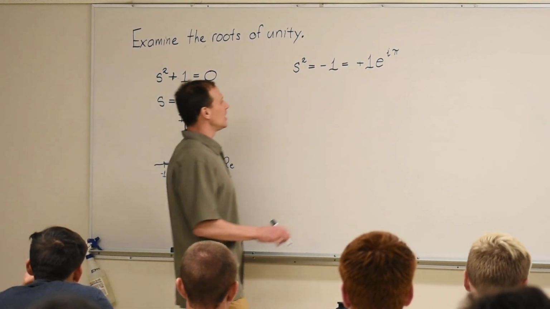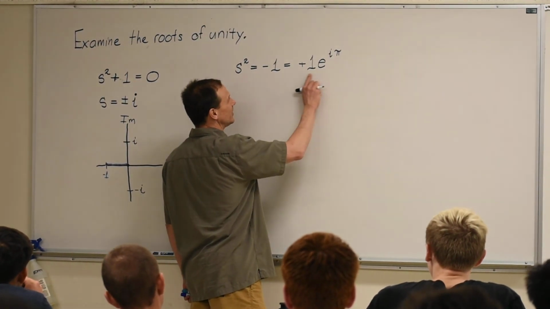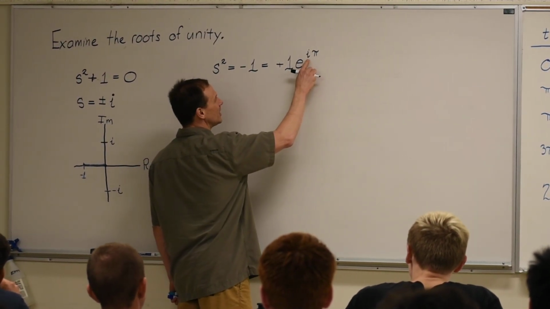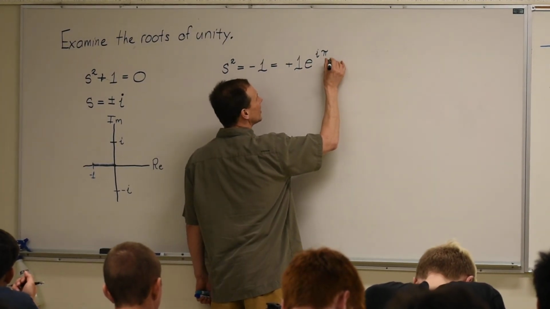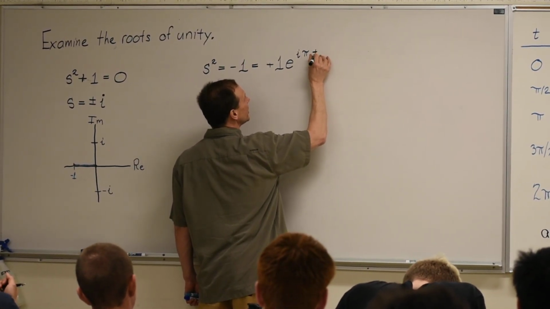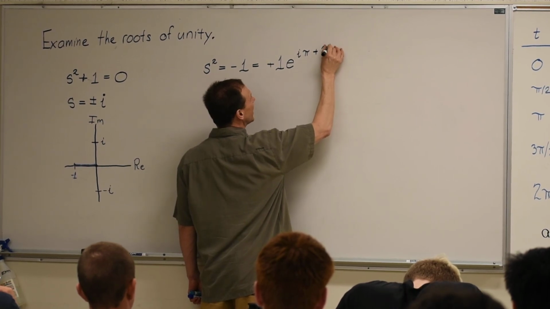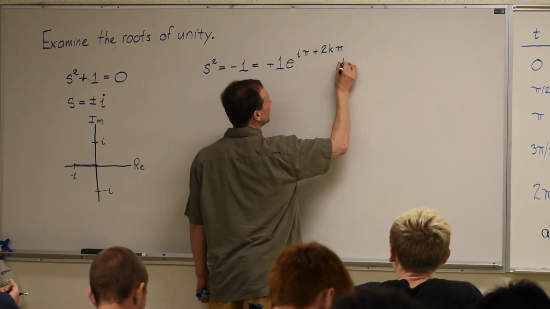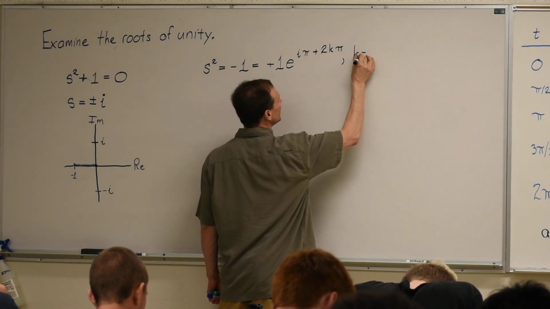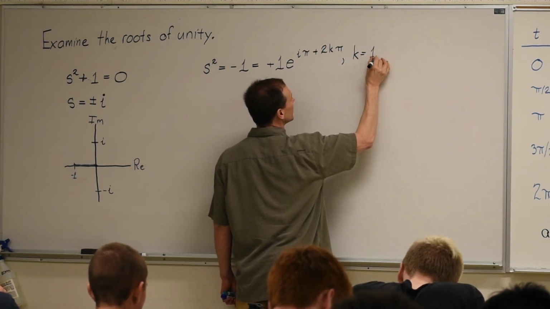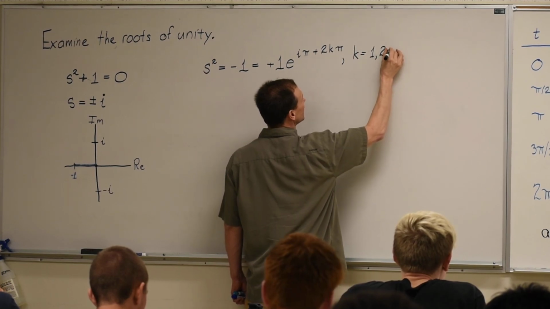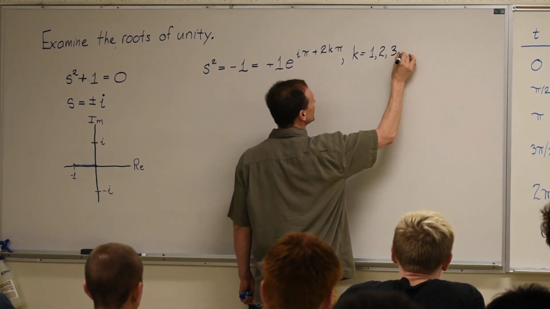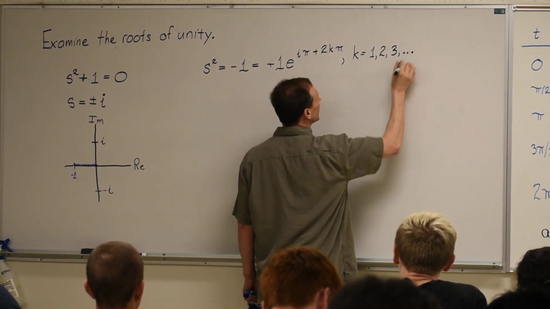So what you say is, s squared being negative 1, it's not just e to the I pi, it's e to the I pi plus 2 times k times pi, where k is equal to 1, 2, 3, and so on. Just extra trips.